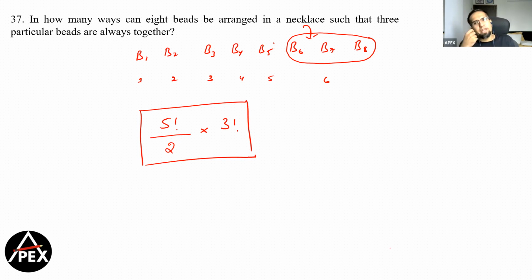Whenever you are arranging in a necklace or a garland fashion, guys, remember you are counting it twice because clockwise and anti-clockwise will still be the same. Are you getting it now?